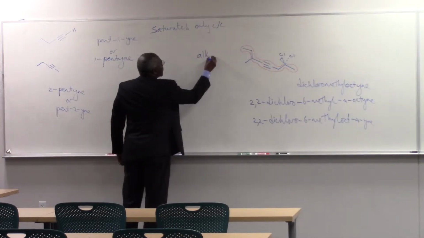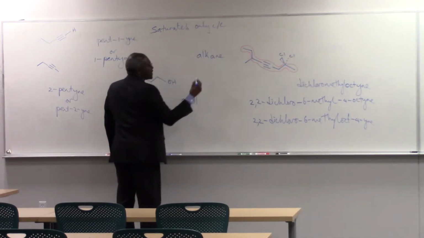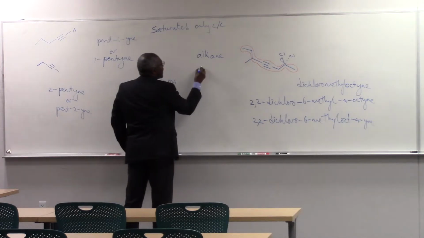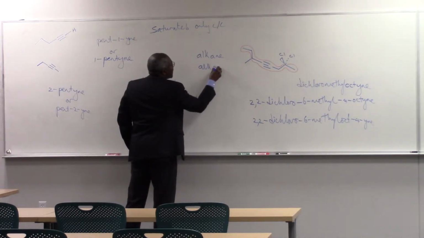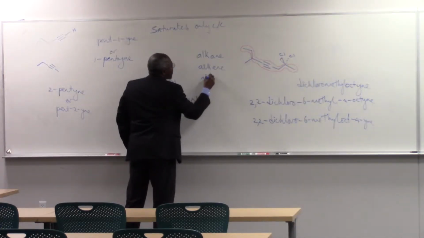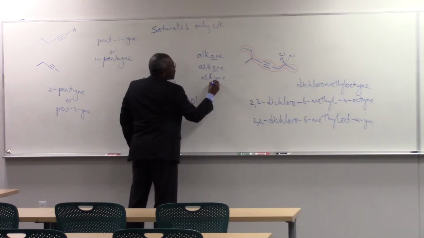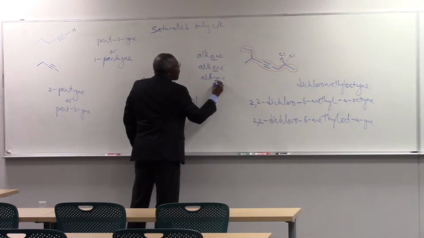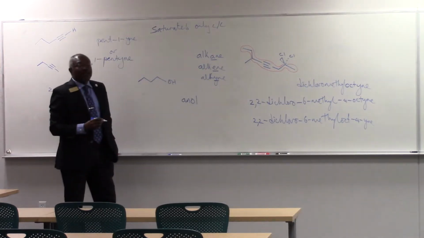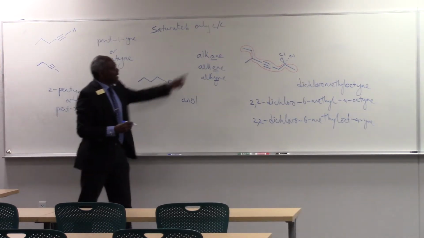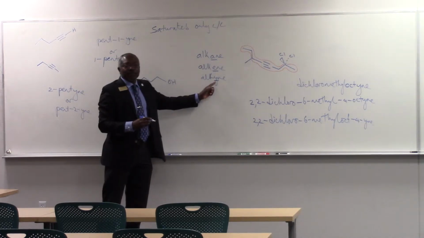If you look at the hydrocarbons, we call them alkane, alkene, and alkyne. All we changed was the A, Y, and N. That was the A, E, and Y. So these are my variables.